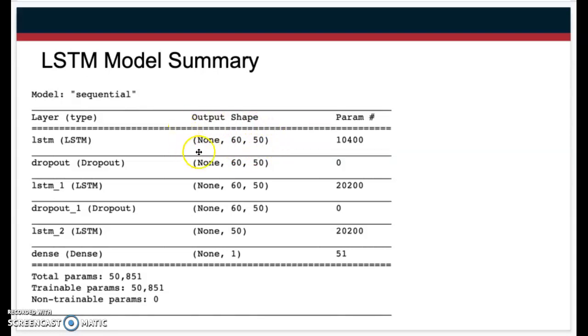Obviously, this array looks a little bit different than the RNN, and that's because it's going to look different as we're looking for long-term retention and short-term retention as we move through our layers and through our cell states. Then the total number of parameters affected, and then finally our feed forward network.